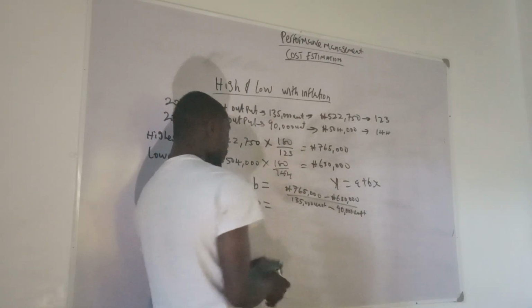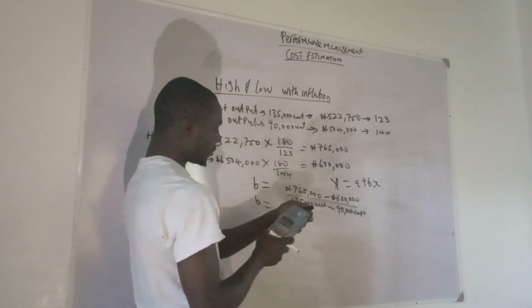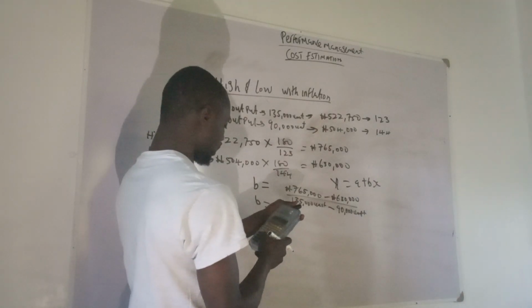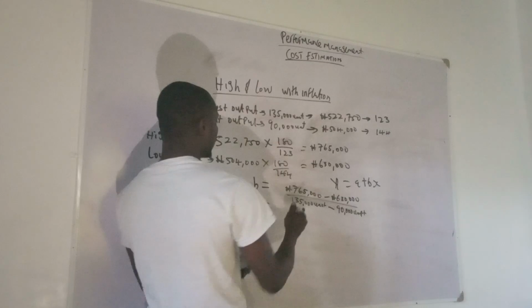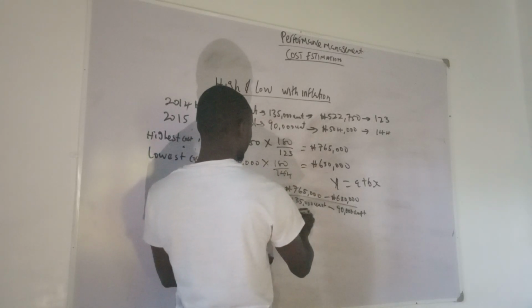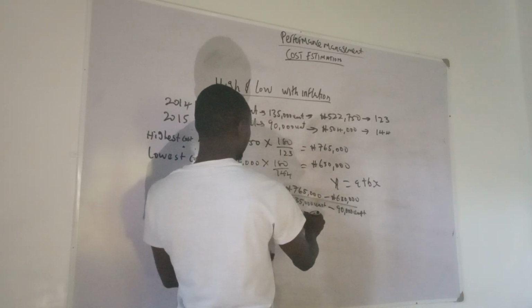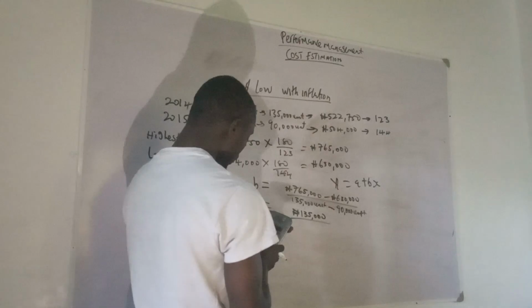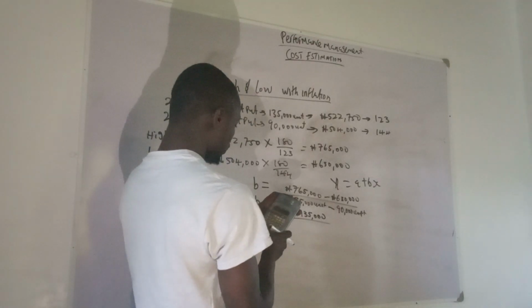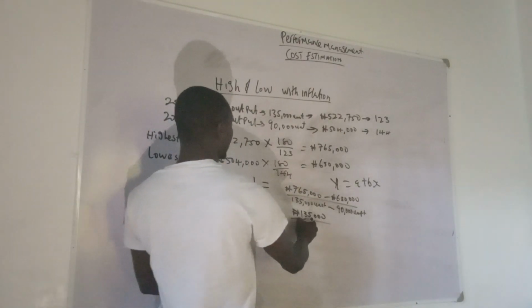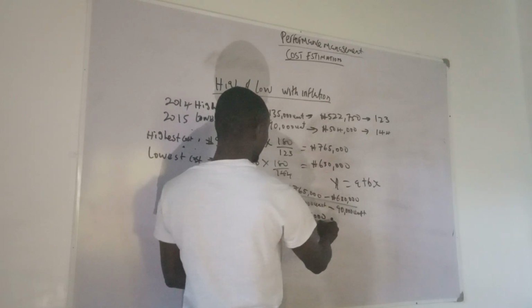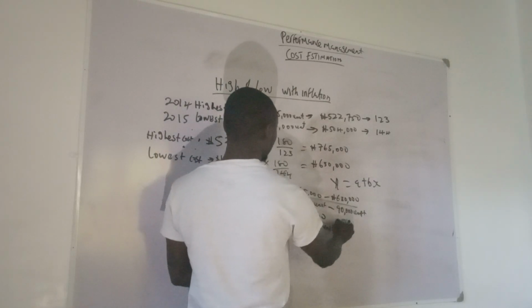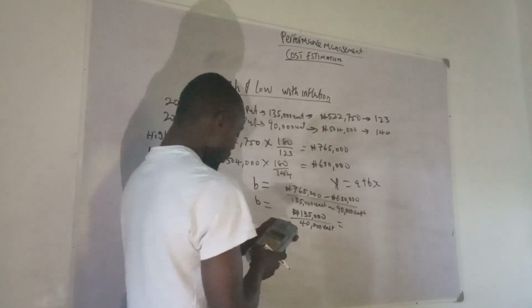B equals 765 minus 630, over 135, then we have 40,000 units.